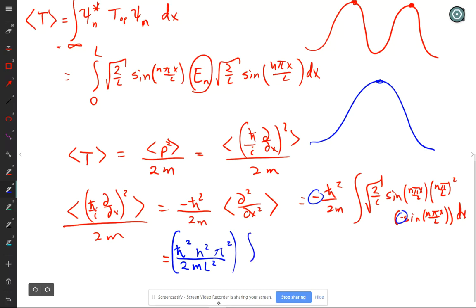Integral. Oh, I forgot the square root of 2 over L here. Integral of 2 over L. Well, I'm going to write it out this way just because it's very clear now.